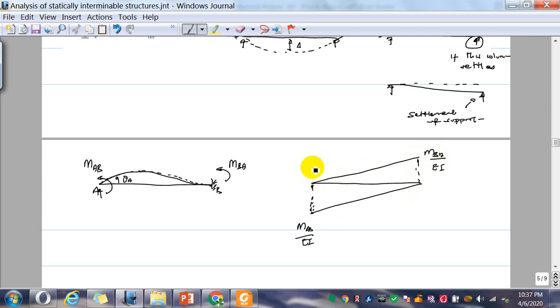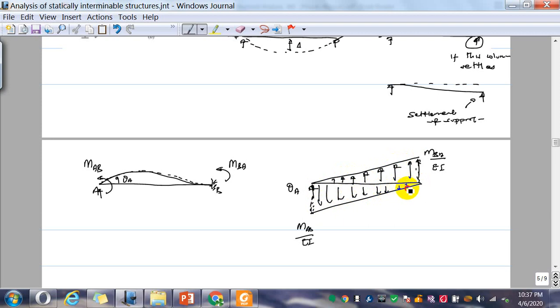And here there is a reaction, downward or upward, the reason is it's rotating counterclockwise, so it's a positive shear, so the reaction is also upward, that is theta A. So here the shear force theta A is equal to the actual rotation at A. So the upward force is theta A. So now you can mark the force, and this one acting downward.